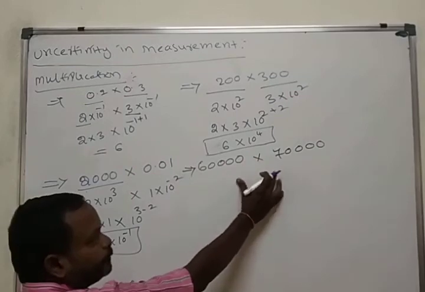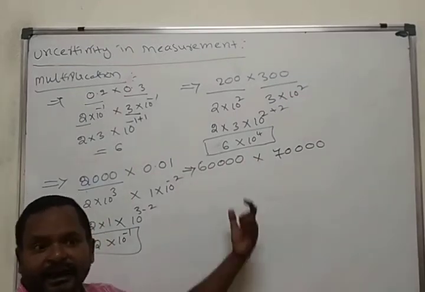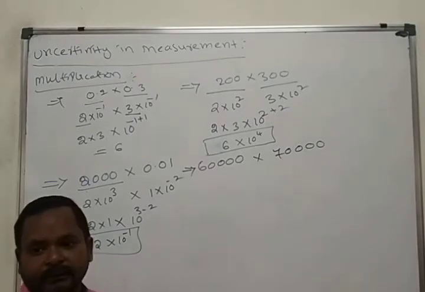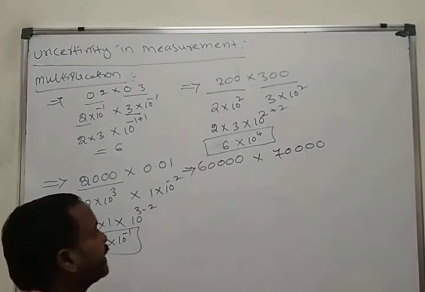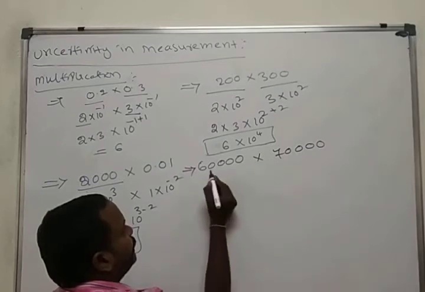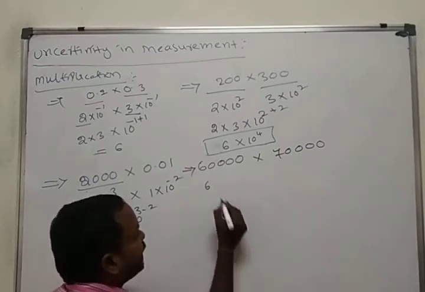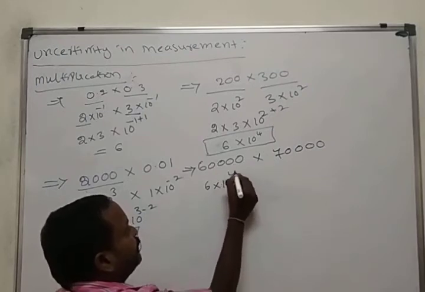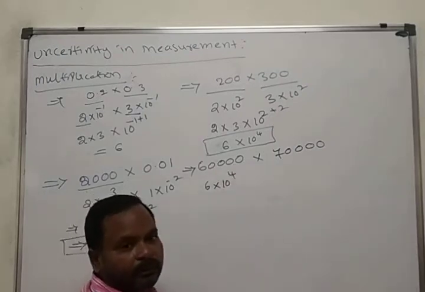Without a calculator, we will do it like this. Write 6 into, how many zeros are there? 4 zeros. So 10 to the power of 4.